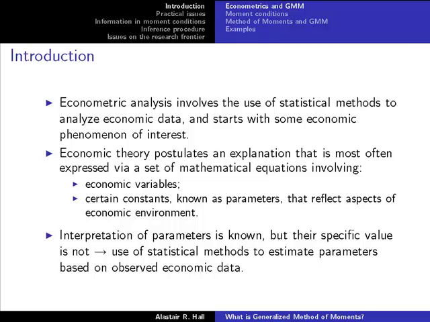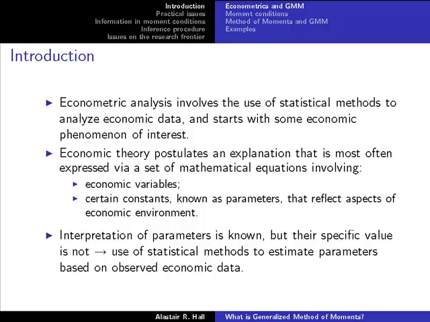Well, econometrics, I'm sure you know, is the use of statistical methods to analyze economic data. An econometric analysis begins with some economic phenomenon that's of interest to us, that we want to analyze. The first reaction is, of course, to turn to economic theory to see what insights it can offer. Economic theory these days postulates an explanation for economic phenomena in terms of a set of mathematical equations.